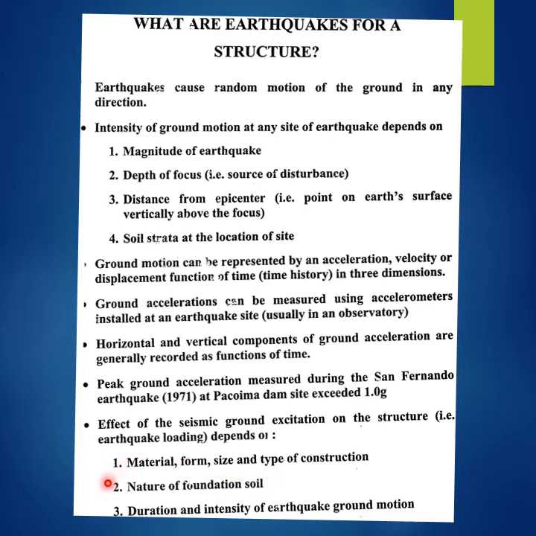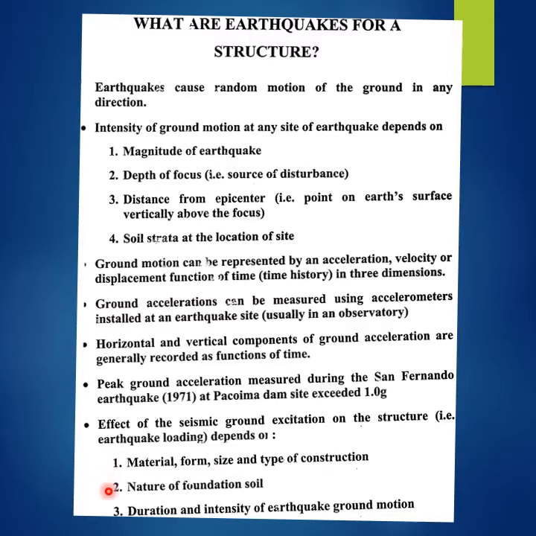Since, as reported, the frequency of the soil medium or soil strata in Mexico City was quite close to the predominant frequency of the earthquake ground motion, and most of the building structures in Mexico City generally were 10 to 12 stories high, and therefore almost had the same natural frequency of free vibrations as the frequency of the earthquake and the soil medium.